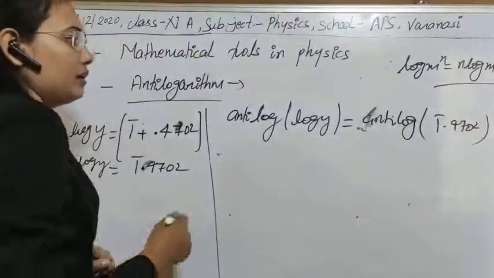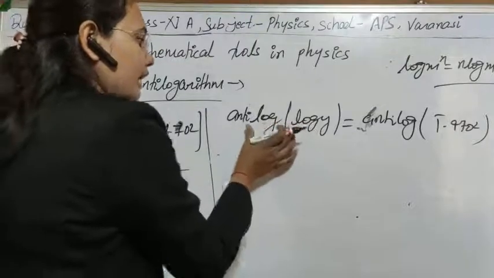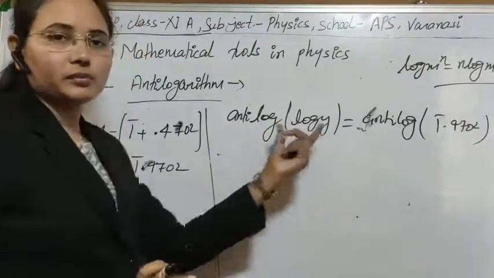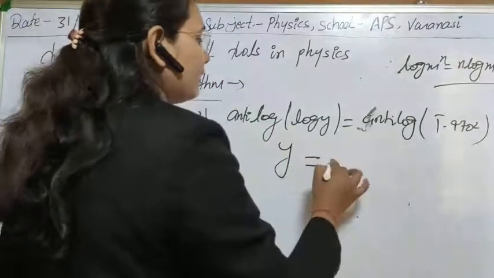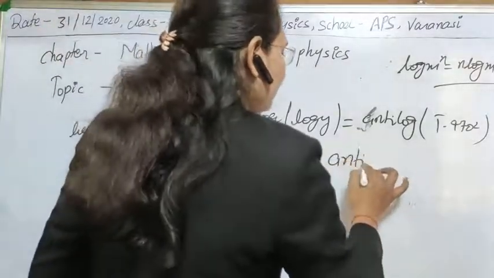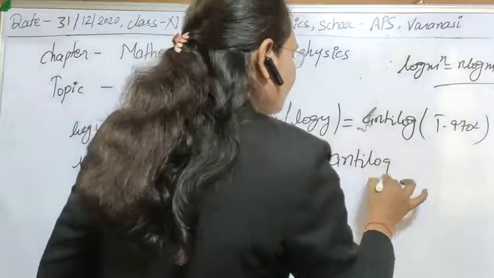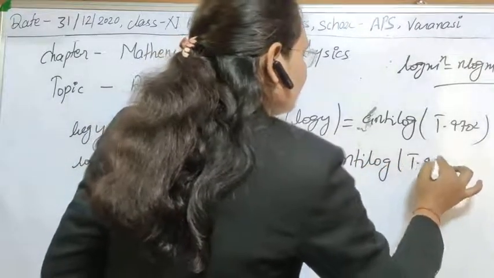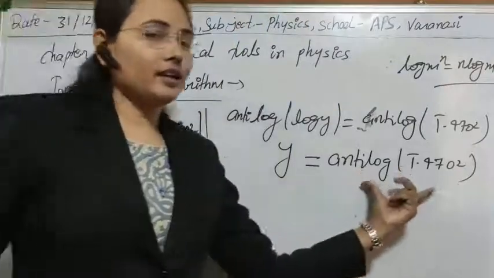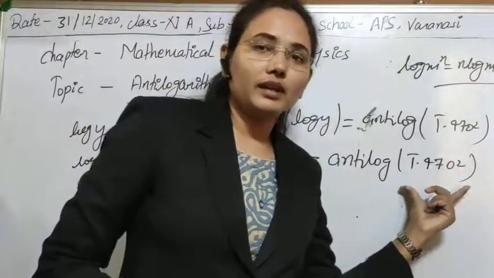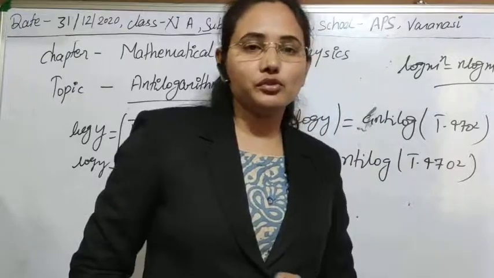Since anti-log is just the reverse process, this will cancel out, and finally you will get y equal to anti-log of 1 bar 4702.